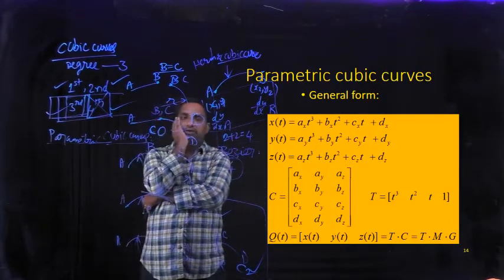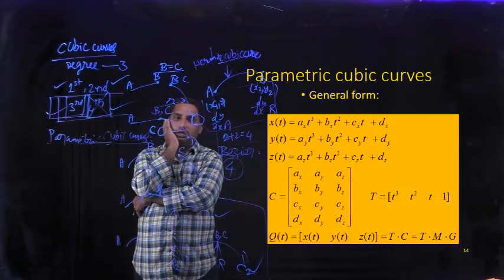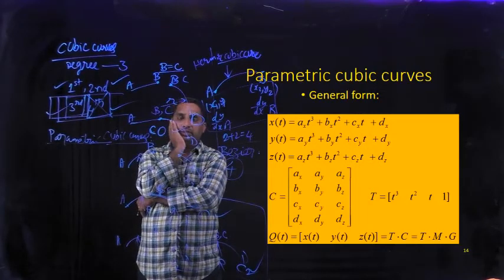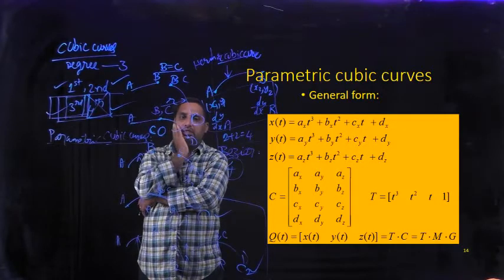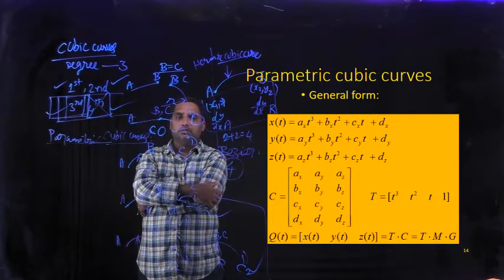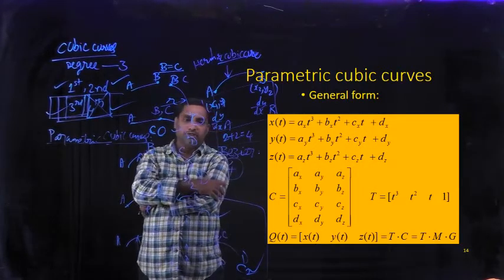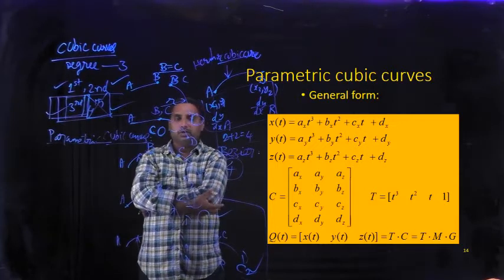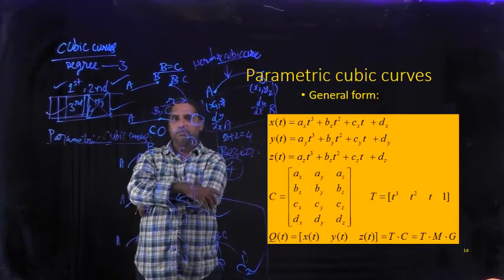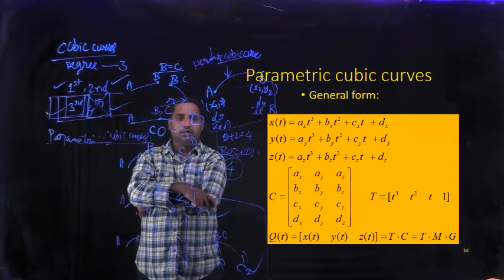One is x of t equal to ax t cube plus bx t square plus cx t plus dx. That is the x coordinate representation using the parameter t and 4 constants. What are those constants? ax is one constant, bx, cx, and dx are different constants.